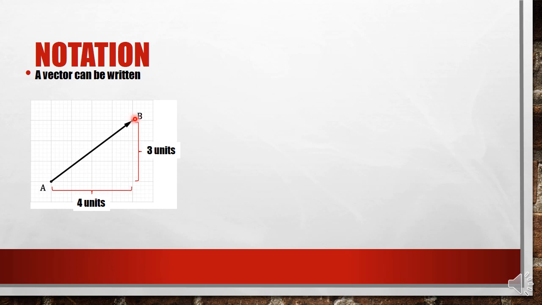Now to write this vector, you can use this array, vector AB. You write it like this: 4 units to the right, horizontally, 3 units up, vertically.